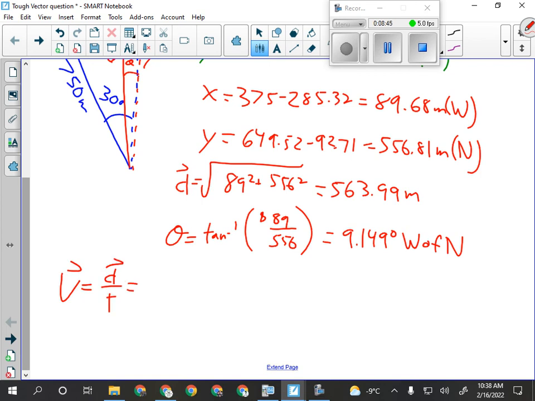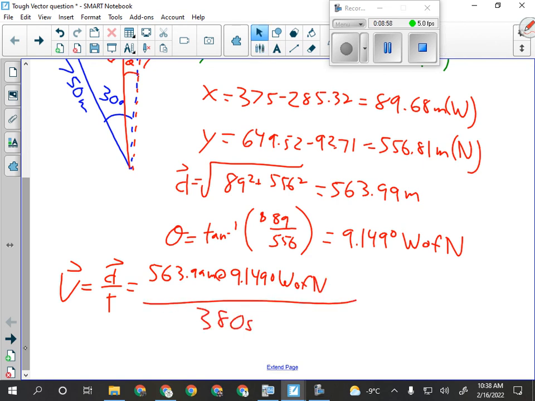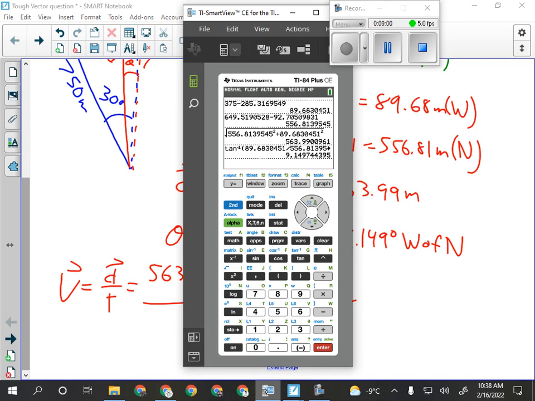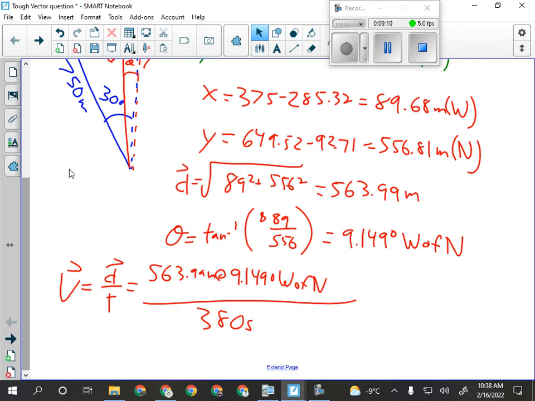So in this case, that's going to be 563.99 meters at 9.149 degrees west of north, divided by 380 seconds. So take that number and divide it by 380, and I get 1.48 meters per second.